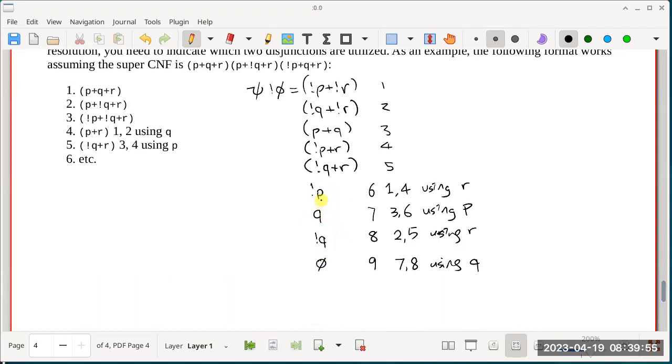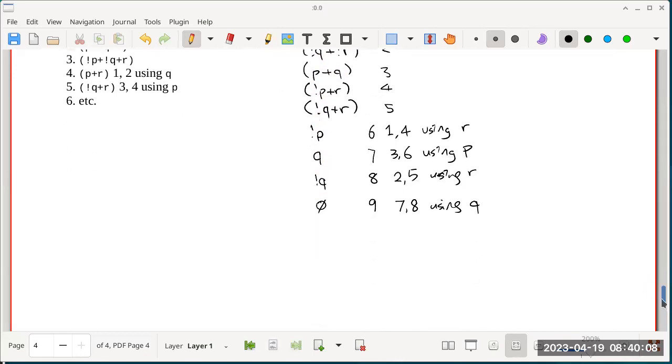once we single out just the negation of a variable or a variable by itself, we can just use these for further resolution. We don't need to refer back to the earlier part. But to finish this entire thing, we can say because psi and not phi implies false, then we say phi is a theorem of psi.